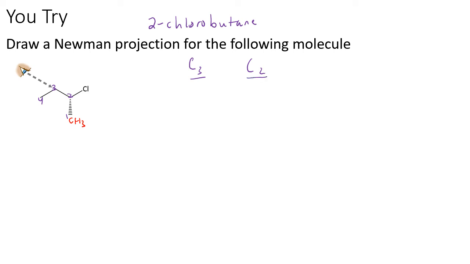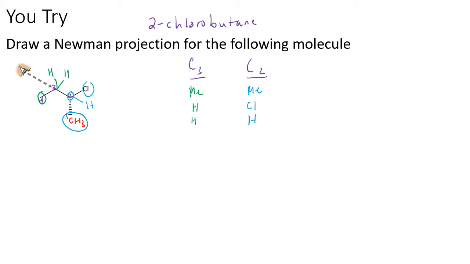And so our groups coming off of C3, we have 2 hydrogens right here, and we have a methyl group. So we have methyl, hydrogen, hydrogen. And then our groups coming off of C2 are, we have a methyl group, CH3, we have a chloro group, and then lastly, what's not shown, the 4th bond on carbon, is hydrogen.